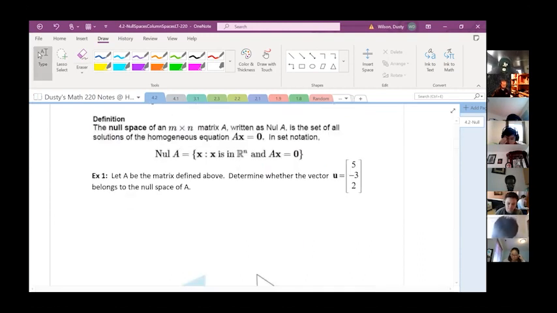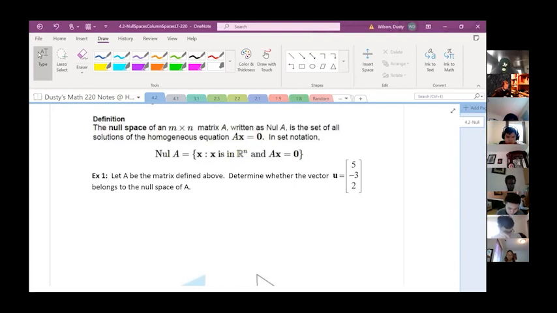The null space of an m by n matrix A, written Nul A, is the set of all solutions of the homogeneous equation AX equals 0. In set notation, the null space of A is the set of all X's such that X is in R^n and AX equals 0.